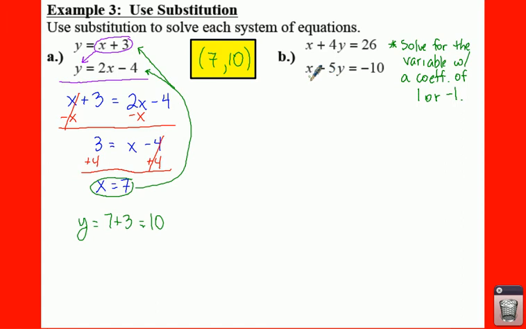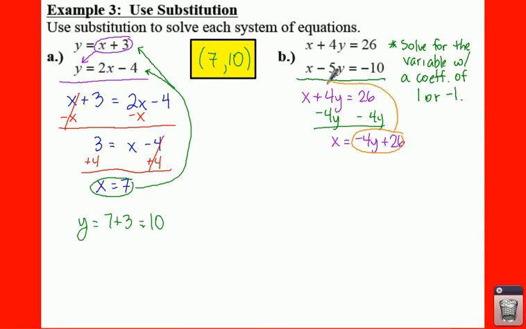If we solve the first equation, we can just solve that for x instead. So if we have x plus 4y equals 26, if you subtract 4y from both sides, then you get x is equal to negative 4y plus 26. And this negative 4y plus 26 is what's going to be substituted, it's a little better than saying plugged, in for x of your second equation.